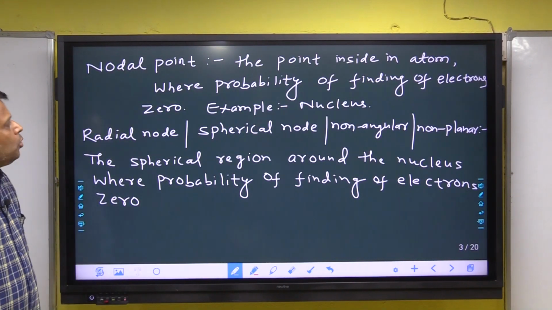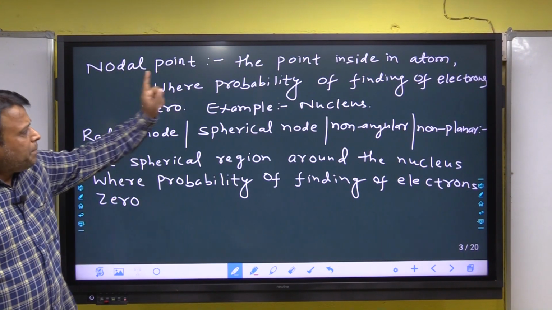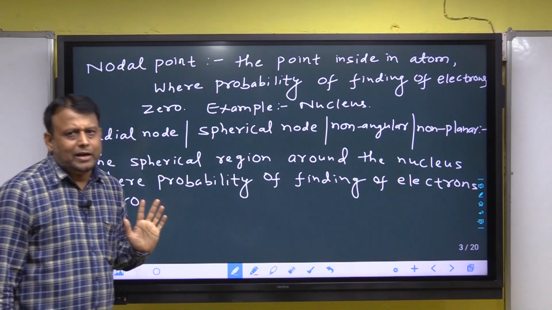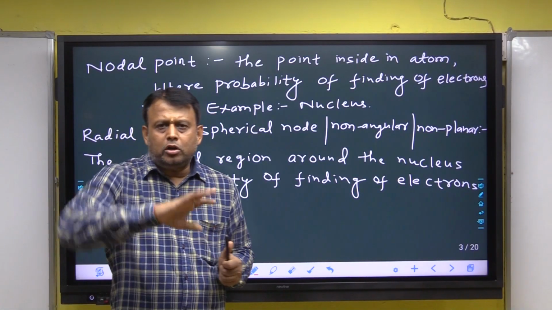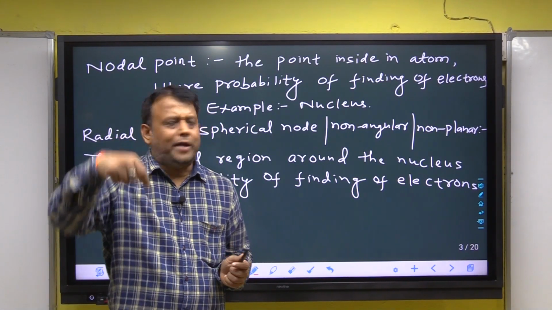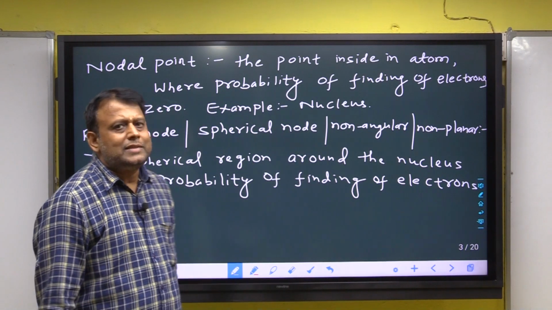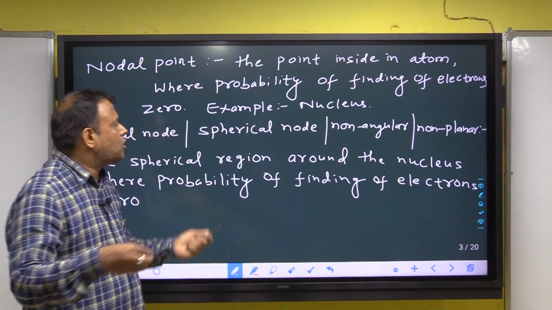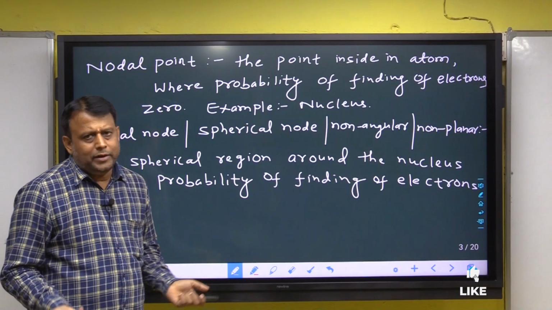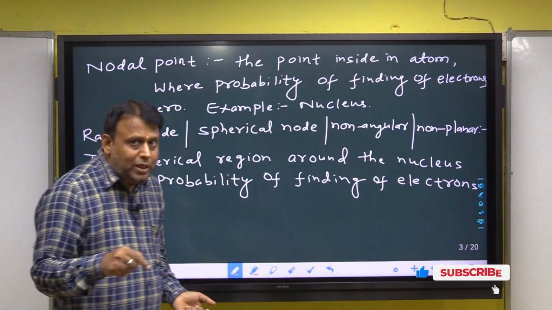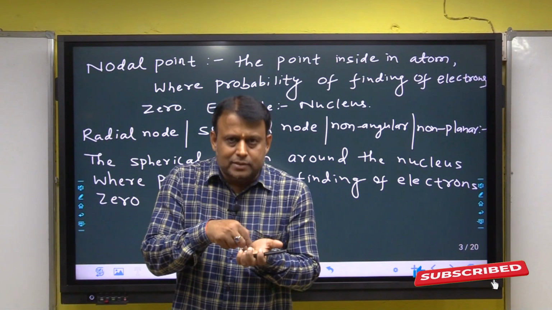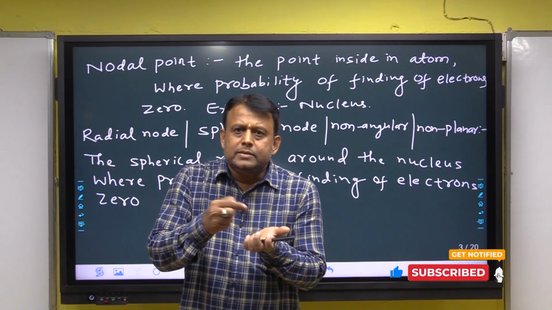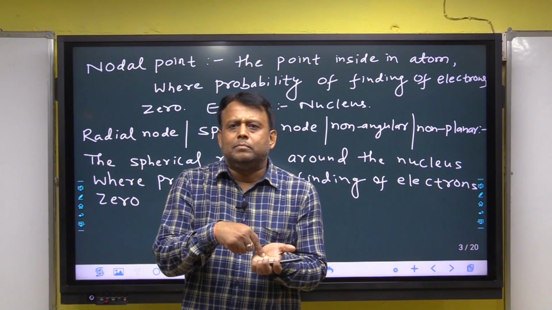Look at the nodal point. The point inside an atom, not a region, not a plane, only one point, where the probability of finding an electron is 0 is called a nodal point. And we know that the nucleus is the central point of each atom.